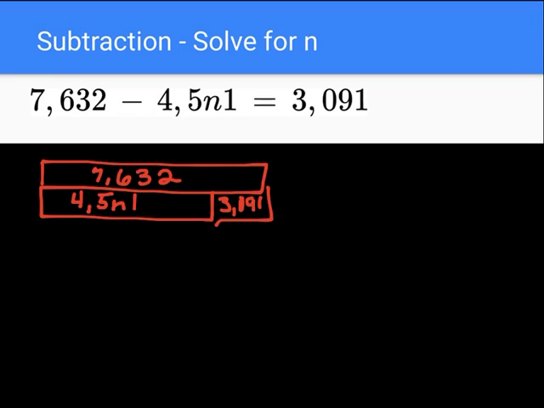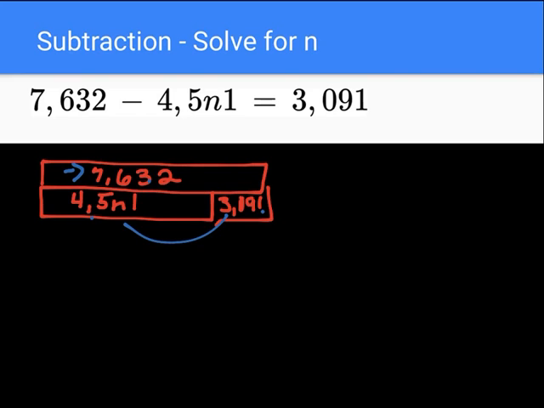And we know that if we added both of these together, we'd get 7,632. So if I took 7,632 and subtracted 4,500 something 1, I'd get 3,091. If I subtracted 3,091, I'd get 4,500 something 1.